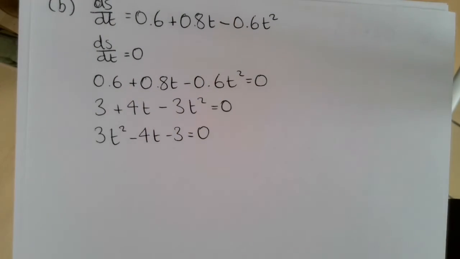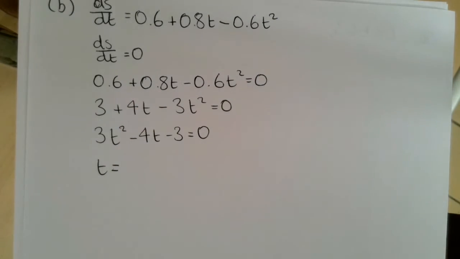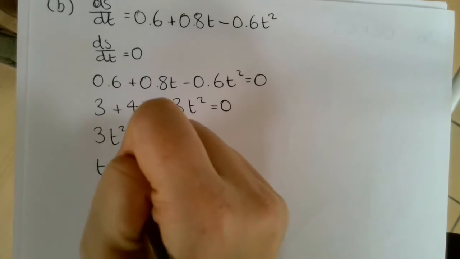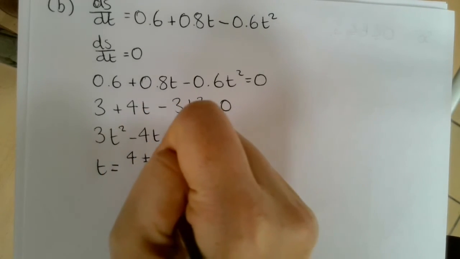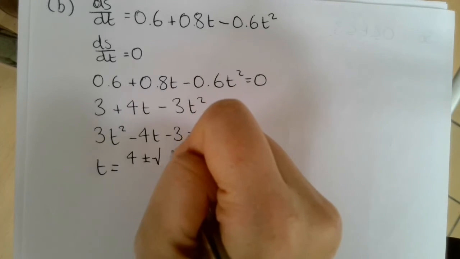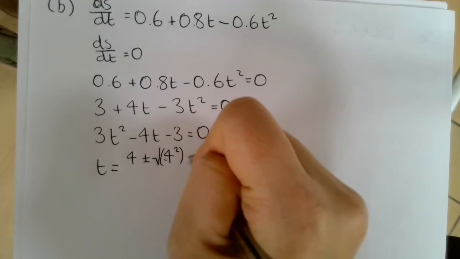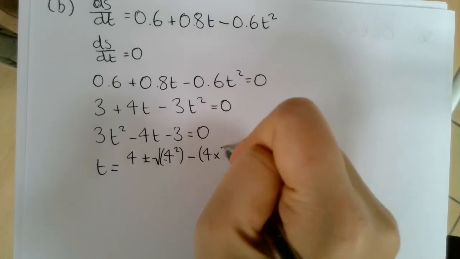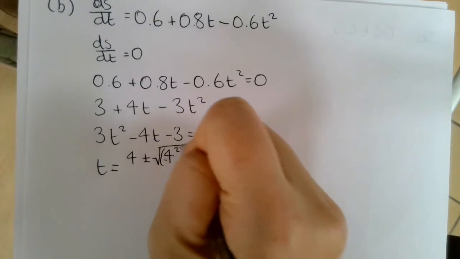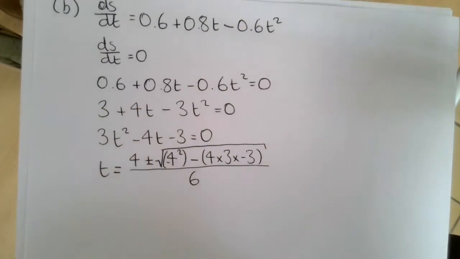I'm then going to use the quadratic formula to solve this quadratic in terms of t. So t is equal to minus b plus or minus the square root of b squared minus 4ac, which is negative 4 squared minus 4 times 3 times negative 3, all divided by 2a, which is 2 times 3, which is 6.